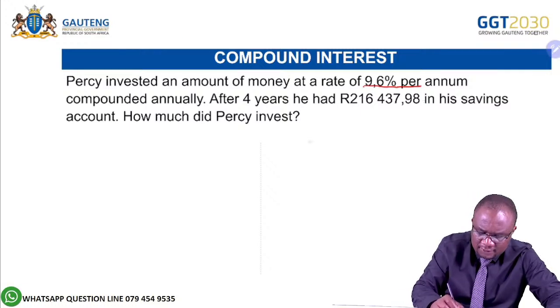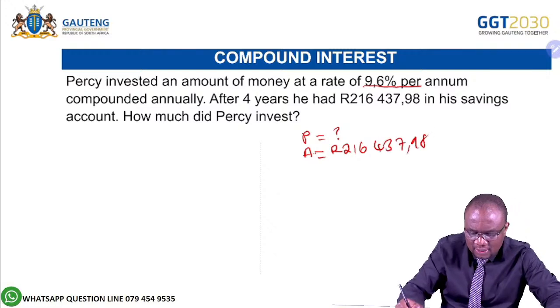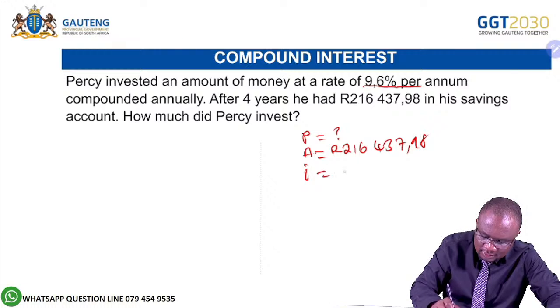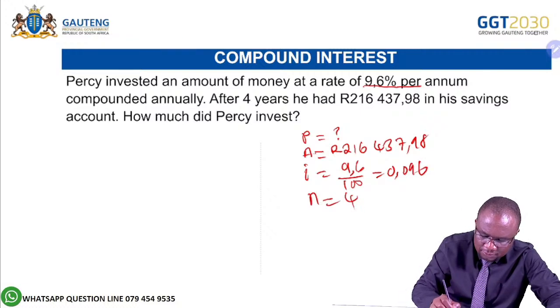We're looking for P. Then A, this is the accumulated amount, 216,437 rand 98 cents. Then I is 9.6 over 100, which is 0.096. And then N is equal to 4.